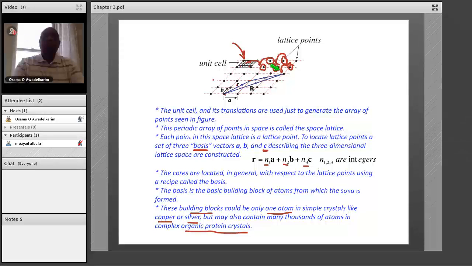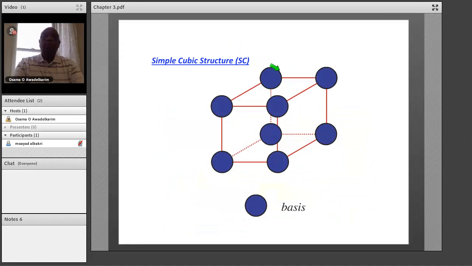So the unit cell is a very good representation of the single crystal structure. So that immediately takes us to focus more on the unit cell, because it distinguishes one single crystal solid from another single crystal solid.